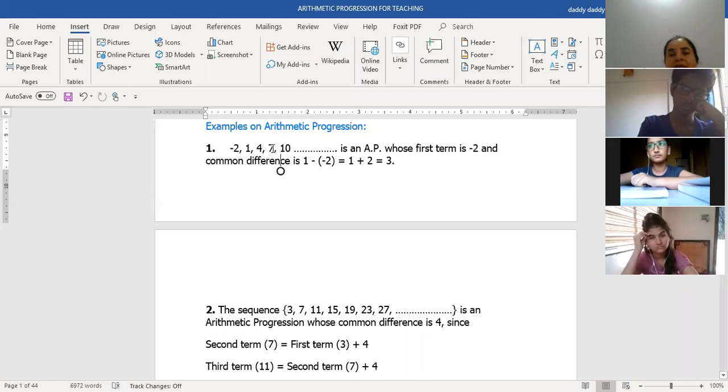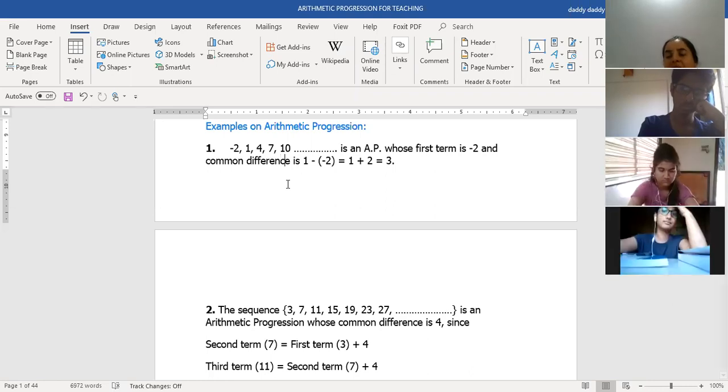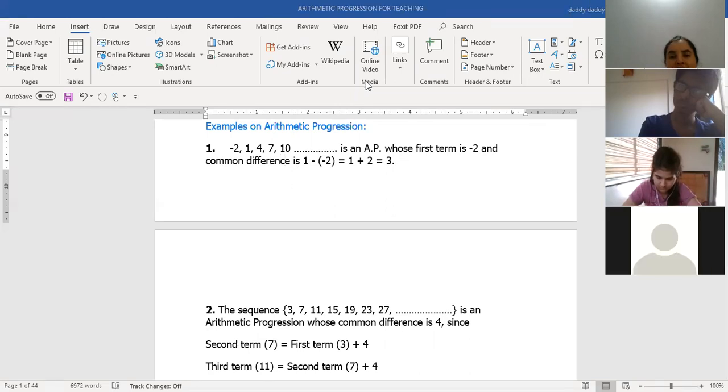So 10 minus 7 is also 3. So I see that whichever term in the sequence I am picking, if I subtract the preceding term from that term, I will always get the same answer. So that answer is actually called the common difference.